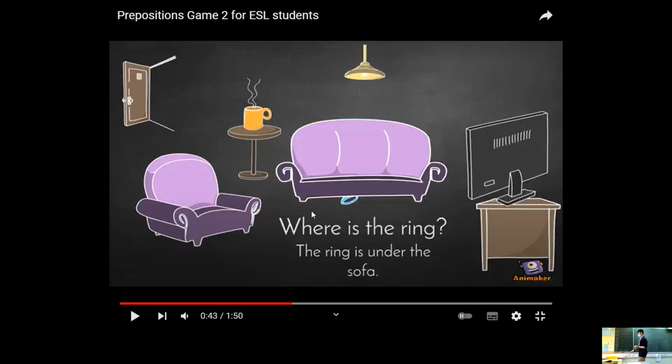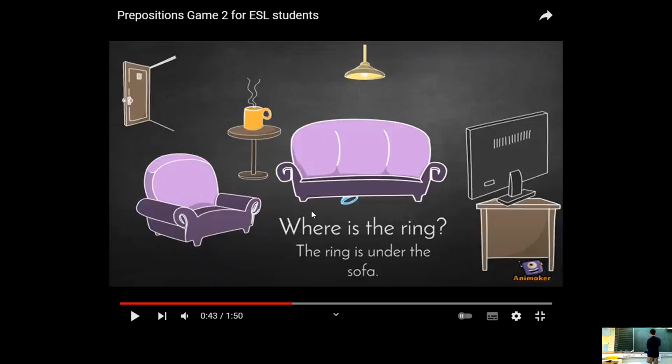Yes. Do you know what? How do we call these kind of words? We have in, right? In the classroom, on the table, under the sofa.